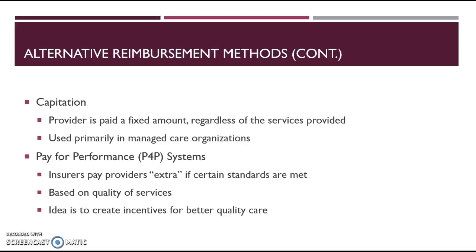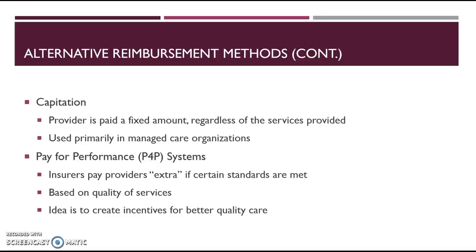So, for example, a primary care physician or practice may receive additional reimbursement if goals are met. For example, they have 85% of their female patients get mammograms to screen as a preventative measure for future treatments down the line.